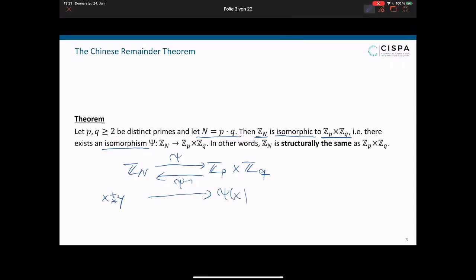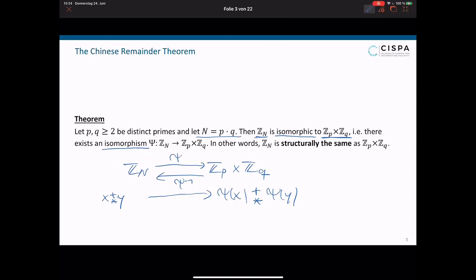You can first map x to phi of x and y to phi of y. And now instead of doing the computation on the left side, you can do it on the right side. And the nice thing now is, how do I compute additions in Zp times Zq, right? So we have a direct product. So we do computations independently in the two components.